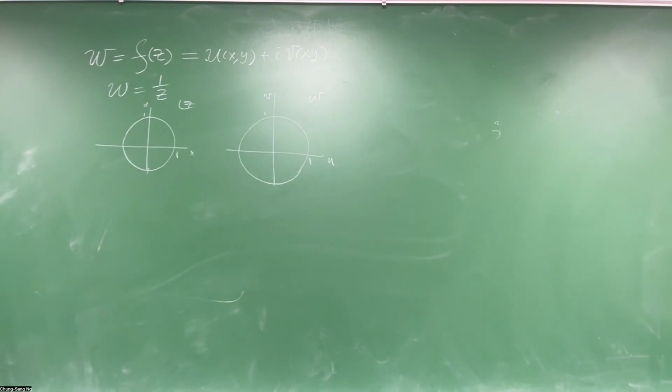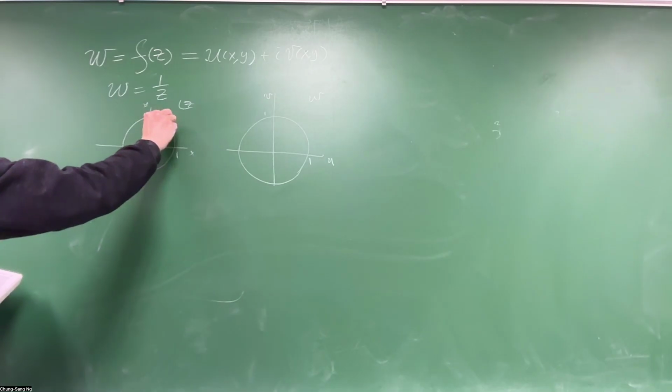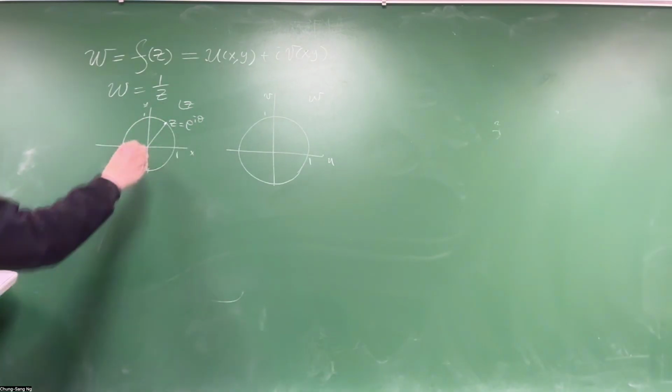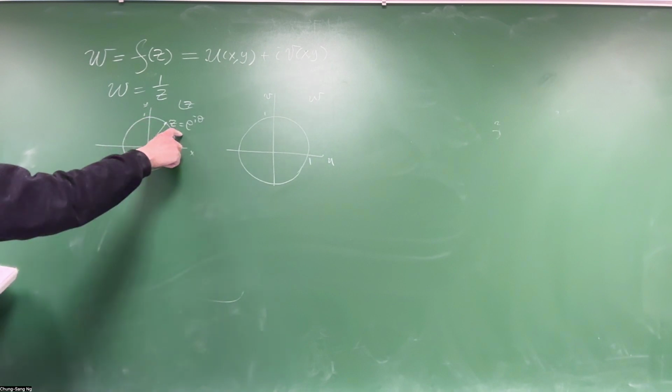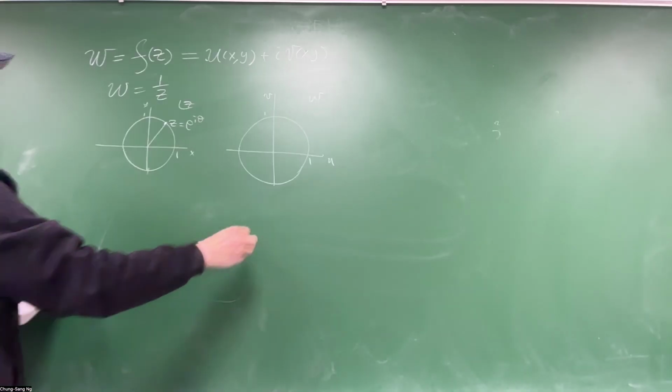But then when you look at specific points, there's something different. In this case, Z on this circle, Z is e to the i theta. This point will map to 1 over Z, which is e to the minus i theta.